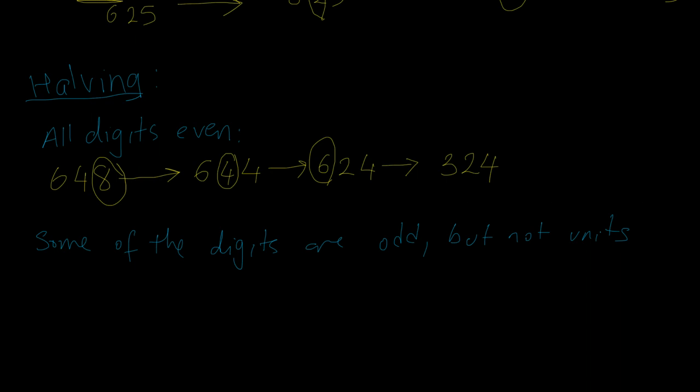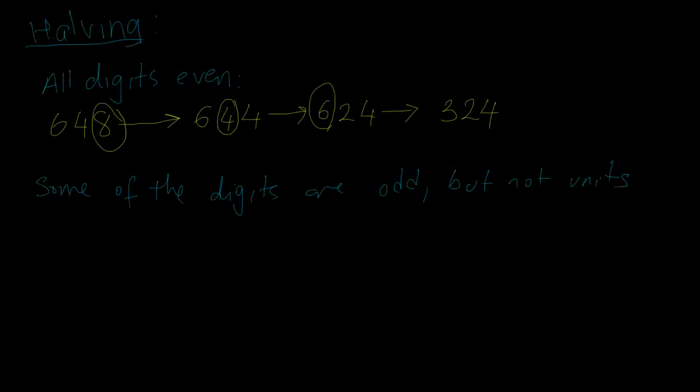So let's say the number contains some odd digits, but the unit digit is still even. Well, let's see what we can do in this case. So let's take this number, let's say 638. Okay, so we operate the same way.